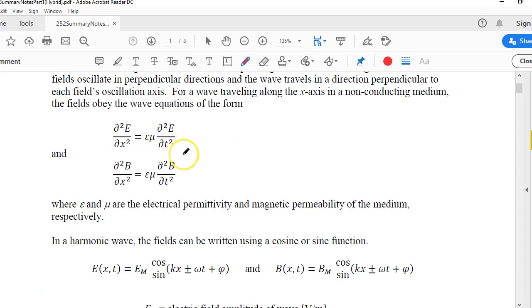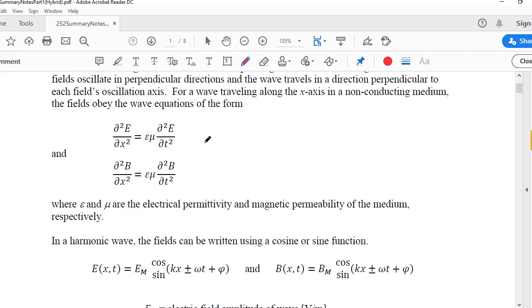You wouldn't get the permittivity and the permeability; for the string you would have a term involving the tension in the string and the linear mass density. But the form of the differential equation would be the same, except for these constants. Epsilon mu would be different. Any wave will satisfy a differential equation of this form, where you have constants multiplying the time derivative. So we call that a wave equation.